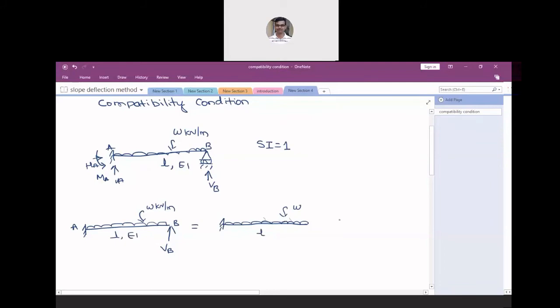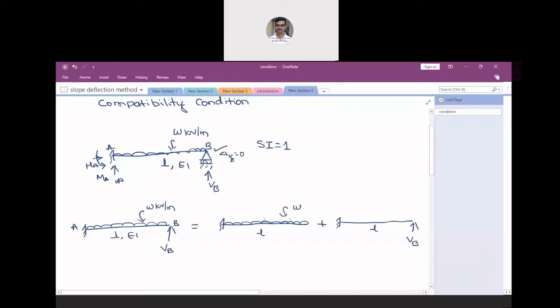Plus, I will consider the same cantilever beam, of span L and flexural rigidity EI, subjected to a point load of magnitude V. Now, we know that since joint B is a roller support, the vertical deflection at joint B should be equal to 0.